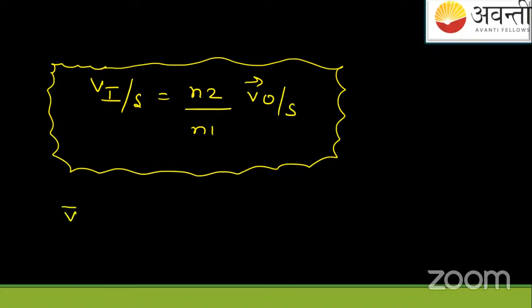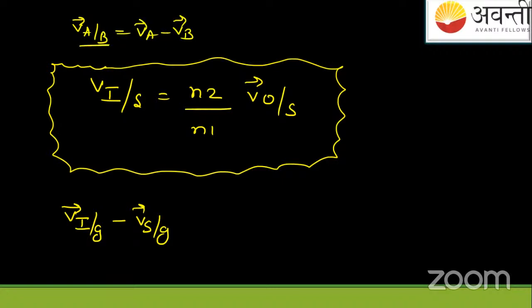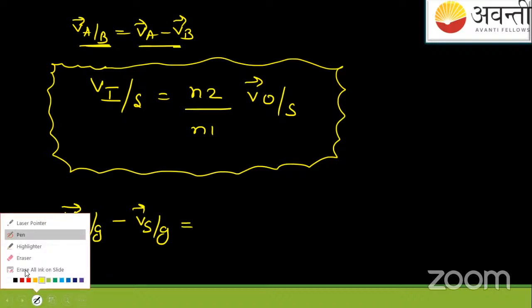We'll write it like this: velocity of image with respect to ground minus velocity of that surface with respect to ground. This is the relative velocity concept. We have studied this: VAB is equal to VA minus VB, as per our natural frame, the ground. So there's no need to write the ground. You can directly substitute like this. It looks better.